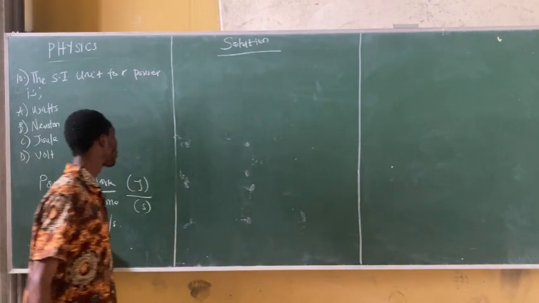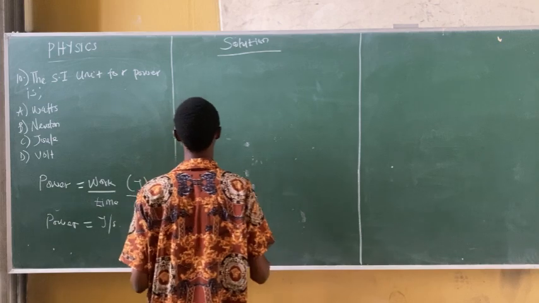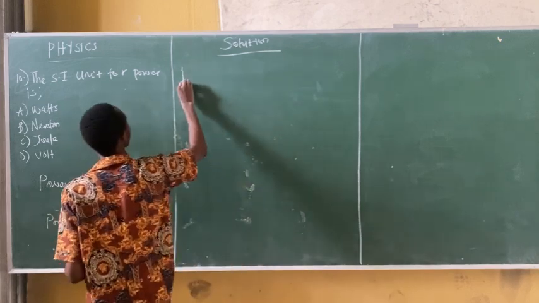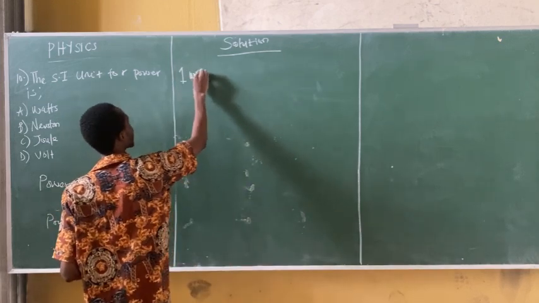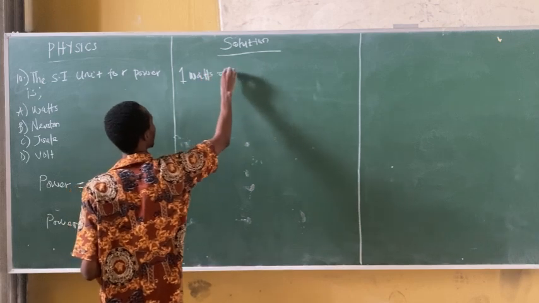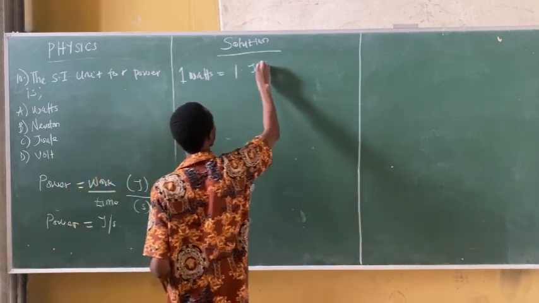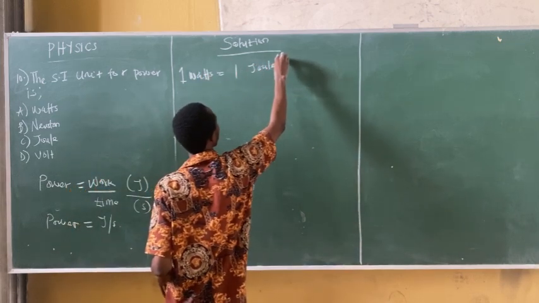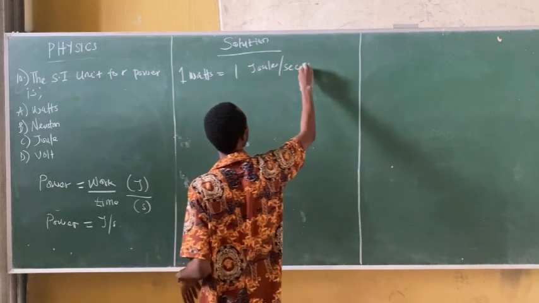Now, having gotten power is equal to joules per second, note that 1 watt is equal to 1 joule per second.